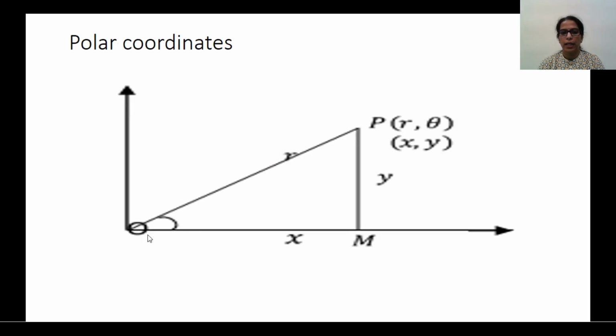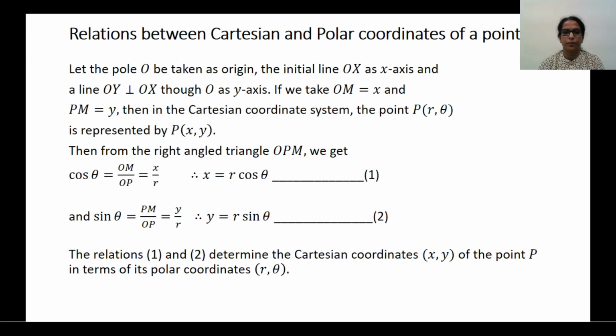Cos theta is nothing but adjacent by hypotenuse, OM divided by OP, that is x divided by r. Cos theta equal to x by r, or cross multiplying, x equal to r cos theta. Call this equation 1.